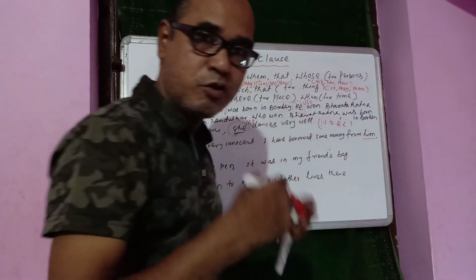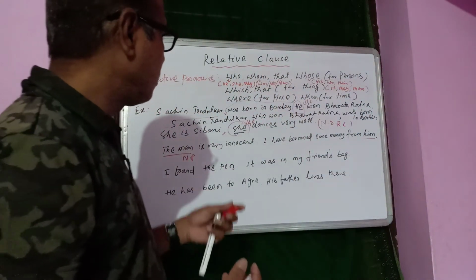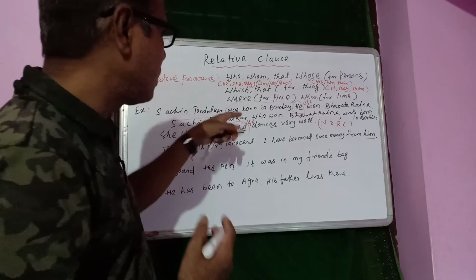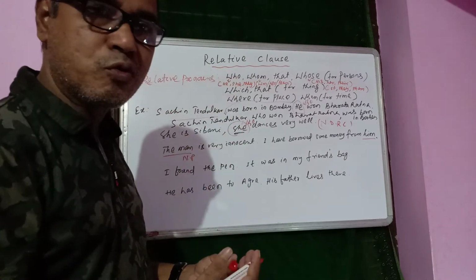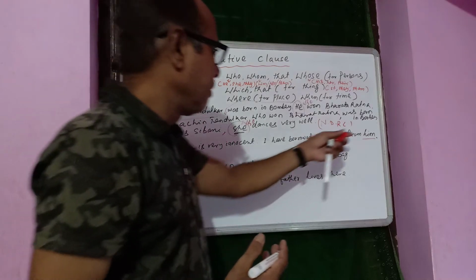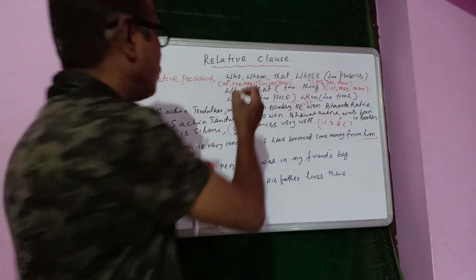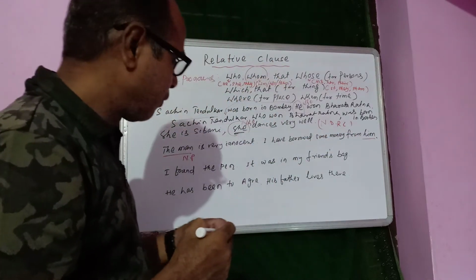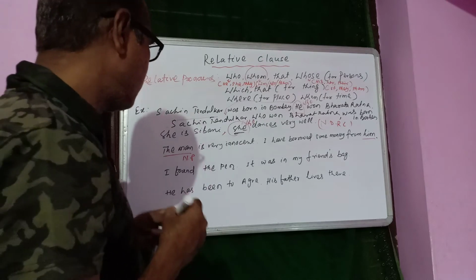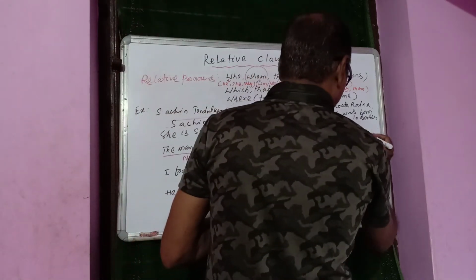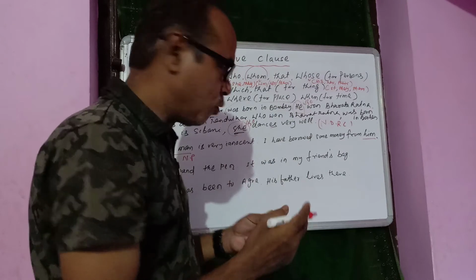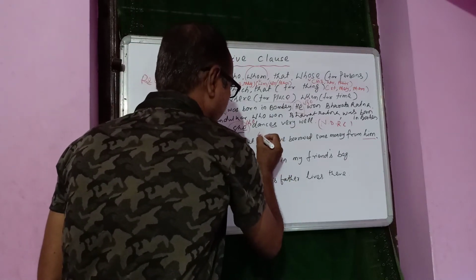Here, a pronoun is used as an object. He and she are used as subject, so who is used. Here, for him, we can use whom. Are you clear?